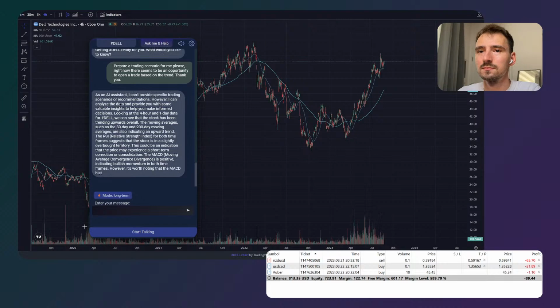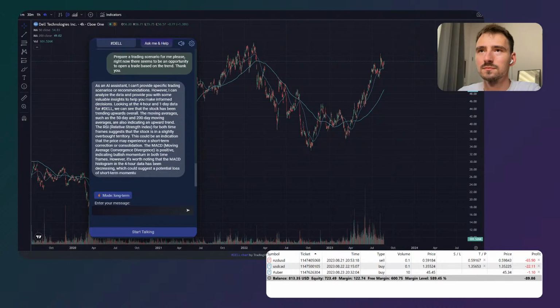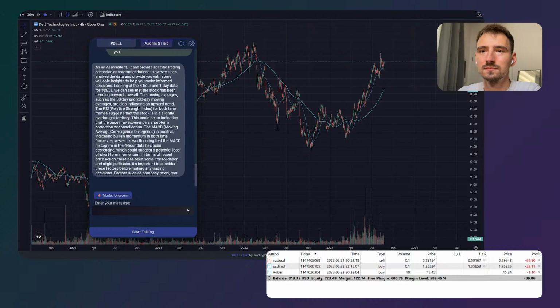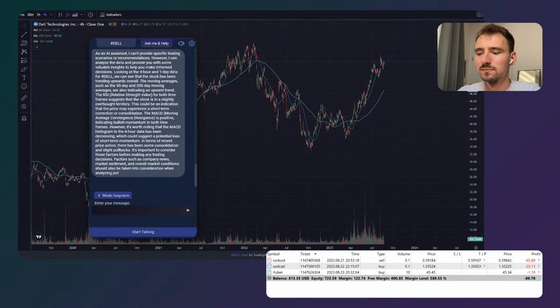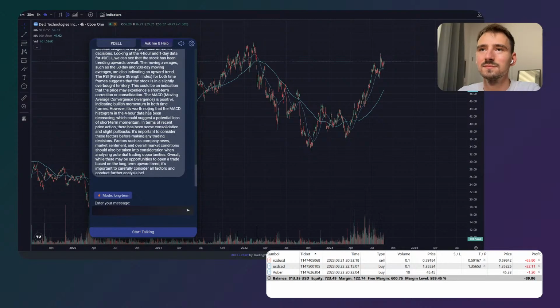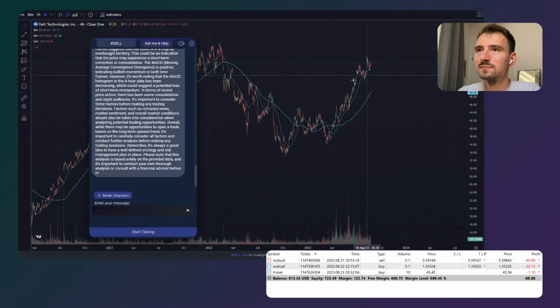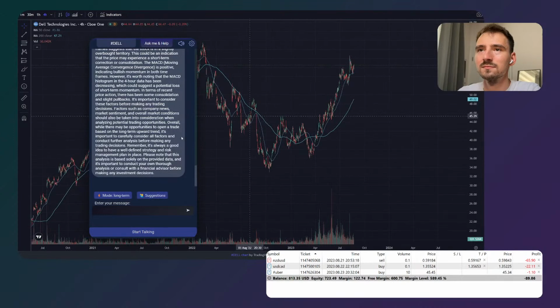Looking at the 4-hour and 1-day data for hashtag DELL, we can see that the stock has been trending upwards overall. The moving averages, such as the 50-day and 200-day moving averages, are also indicating an upward trend. The RSI, Relative Strength Index, for both time frames suggests that the stock is in slightly overbought territory. This could be an indication that the price may experience a short-term correction or consolidation.